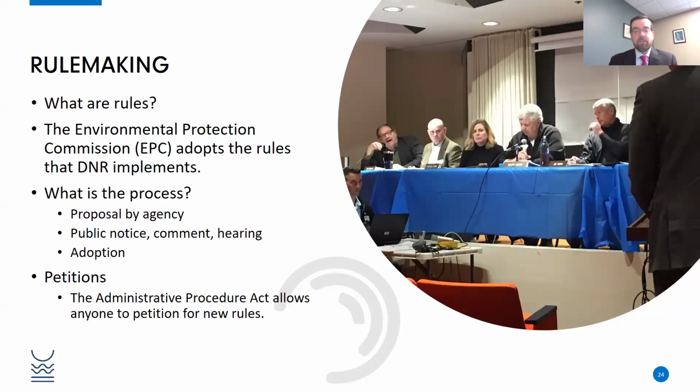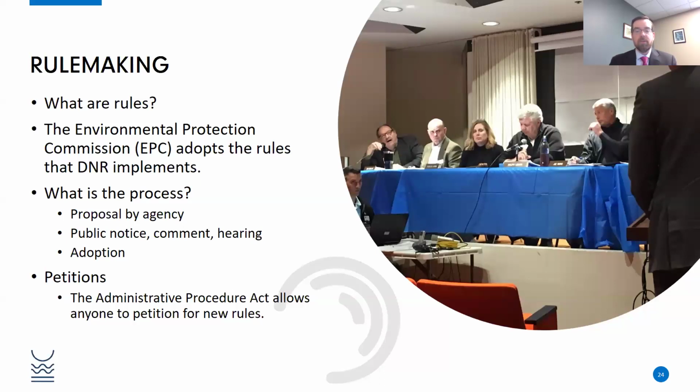Rules are how agencies interpret and implement the laws that are passed by the legislature. The rules that the agencies adopt have the force and effect of law. This process that the agencies go through to adopt rules includes the Environmental Protection Commission in Iowa for rules that DNR implements. In practice, that means that the DNR drafts the rules and proposes those.